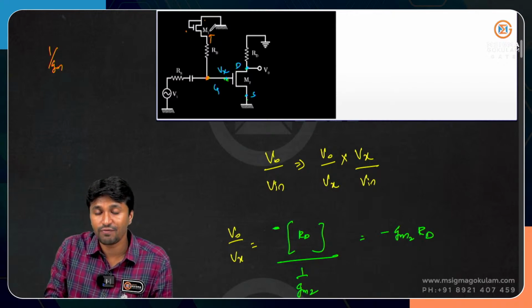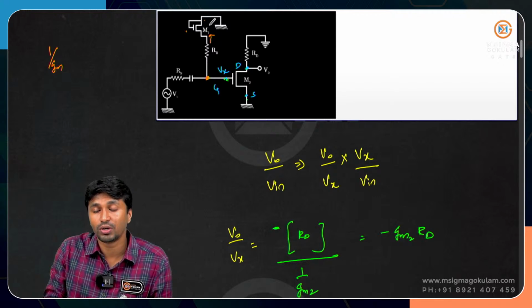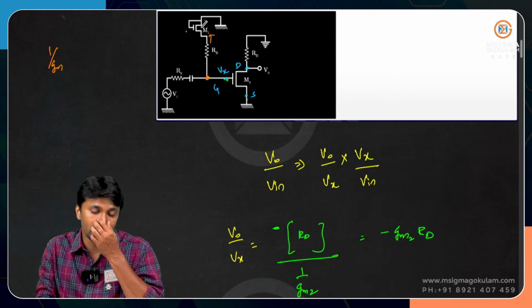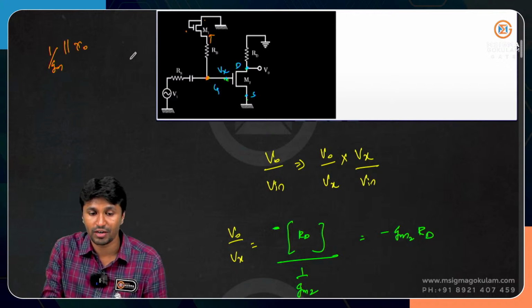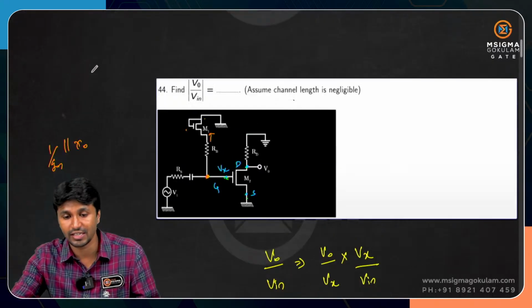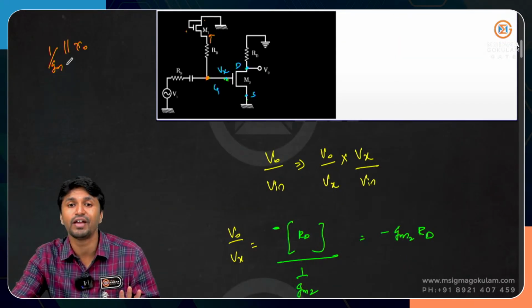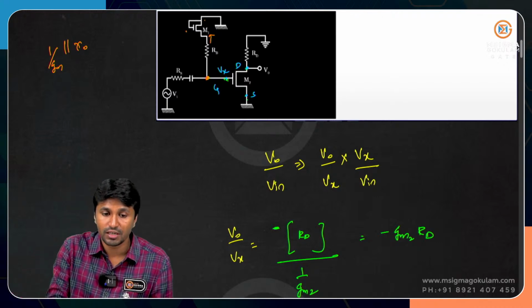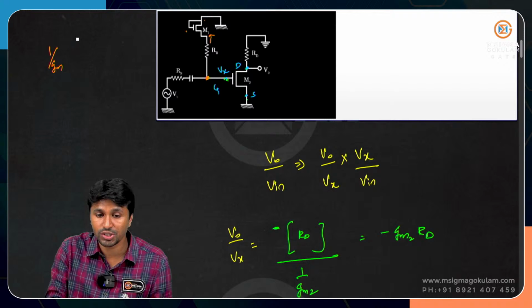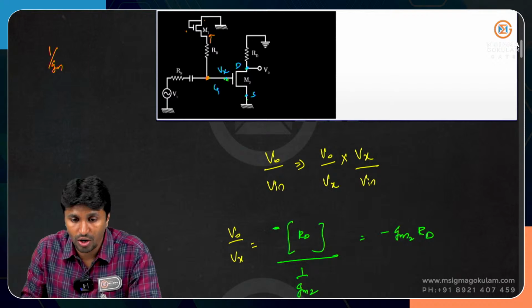If he had asked to include the channel length modulation, then it would have been 1 by Gm parallel R0. He didn't give any information regarding channel length modulation, so the impedance looking into the source will be simply 1 by Gm.